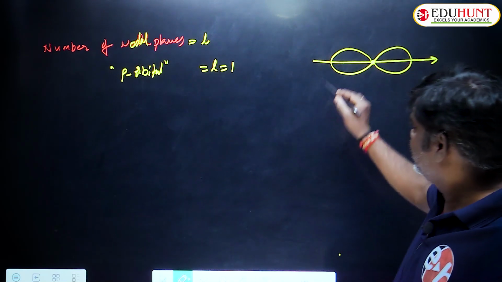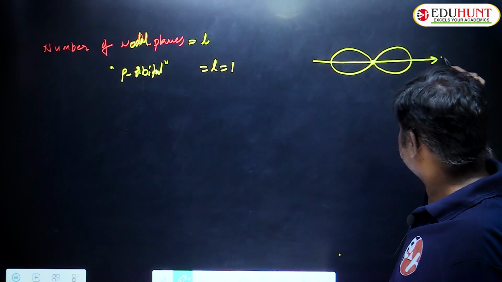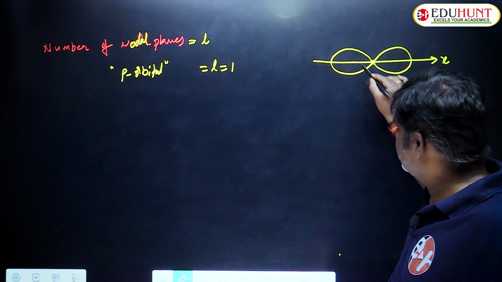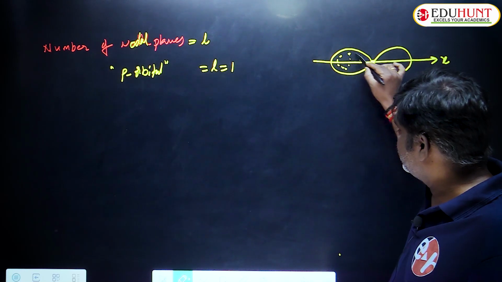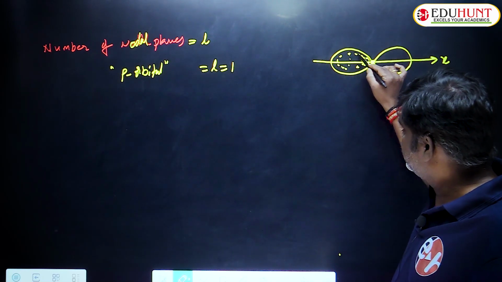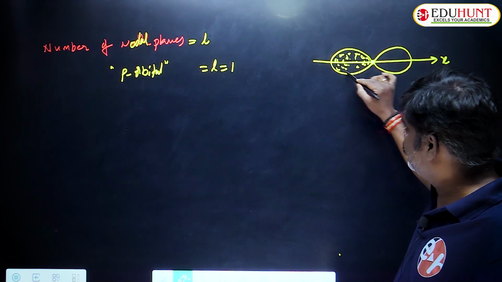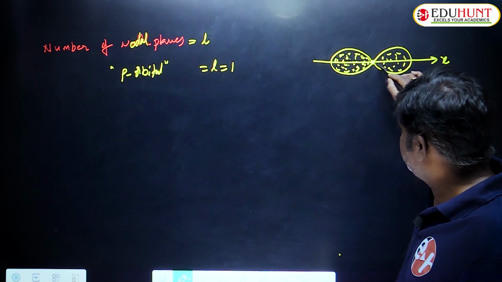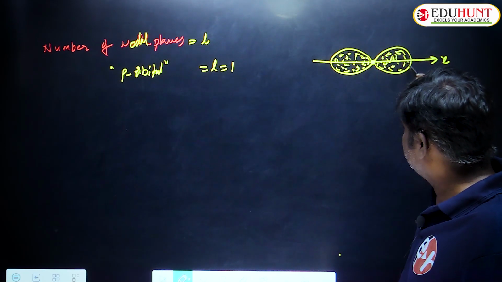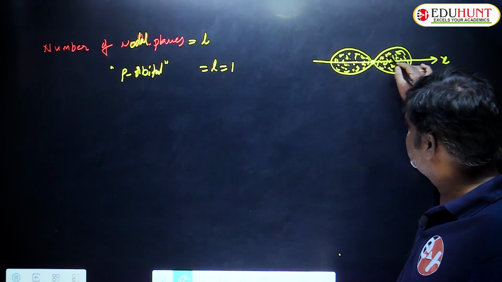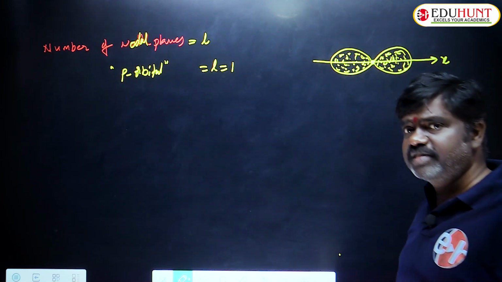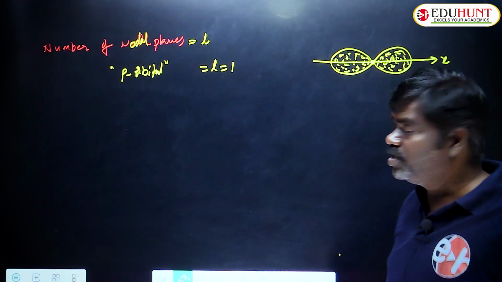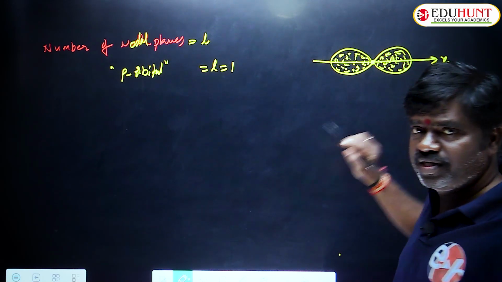Along the x-axis there is probability of the electron, and it gives a dumbbell shape.